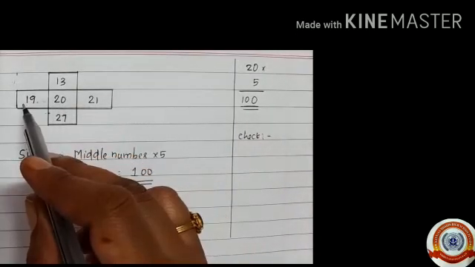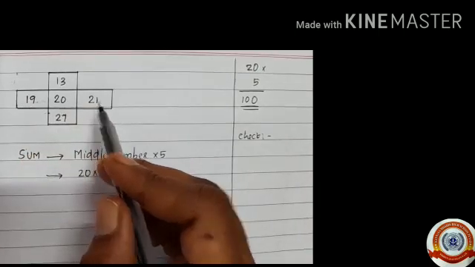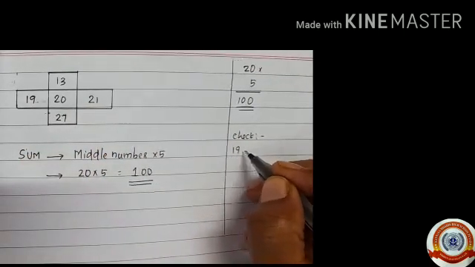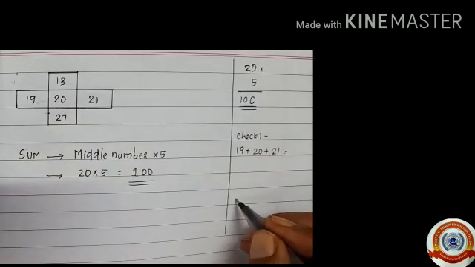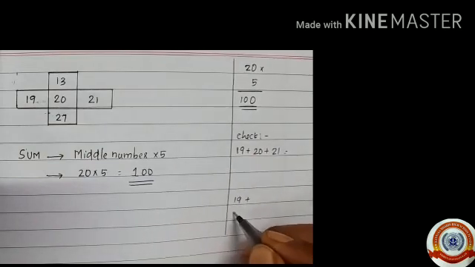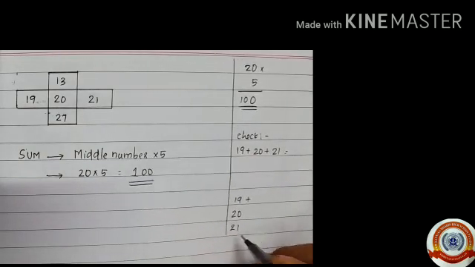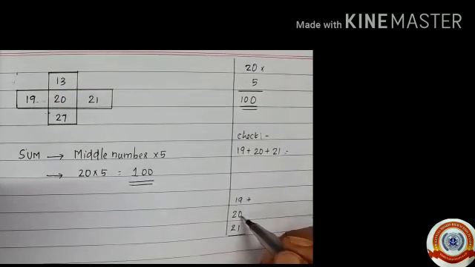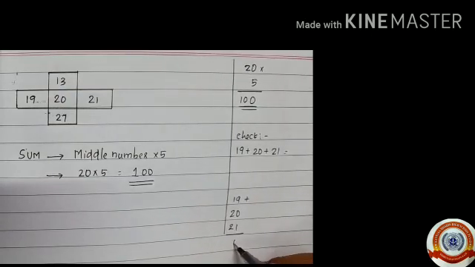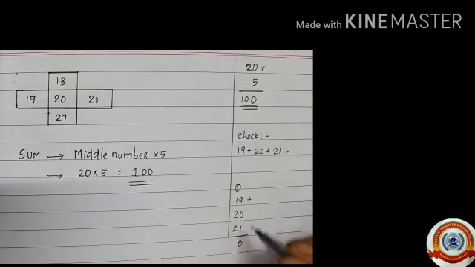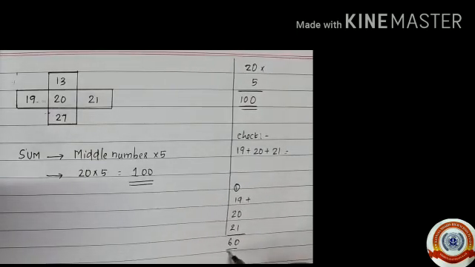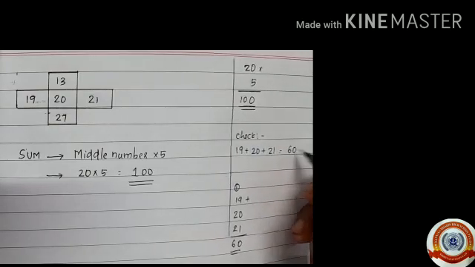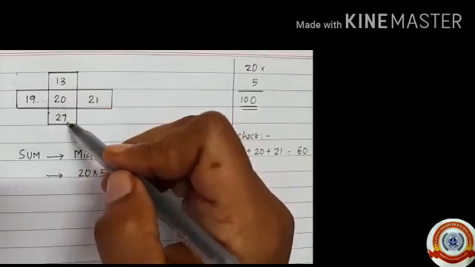At first, we have to add 19, 20 and 21. 19 plus 20 plus 21. 9 plus 0, 9, plus 1, 10. 0 here, 1 carried over. 2 plus 2, 4, plus 1, 5, plus 1, 6. 60. Then the remaining two numbers are to be added.